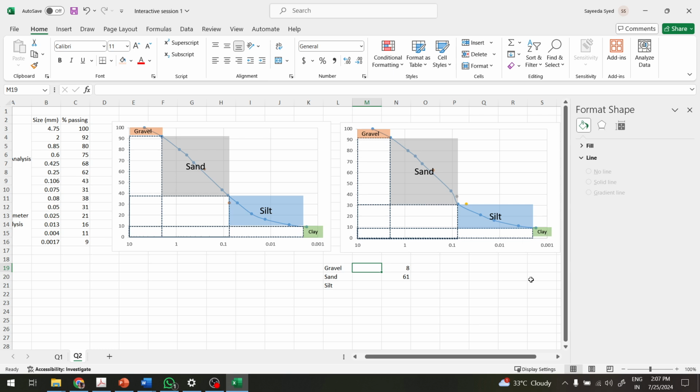Let me actually write this also. 100 minus 92. This is 92 minus 31. This will be 31 minus 10. And then clay will be 10%. And the total for this will be 100%.